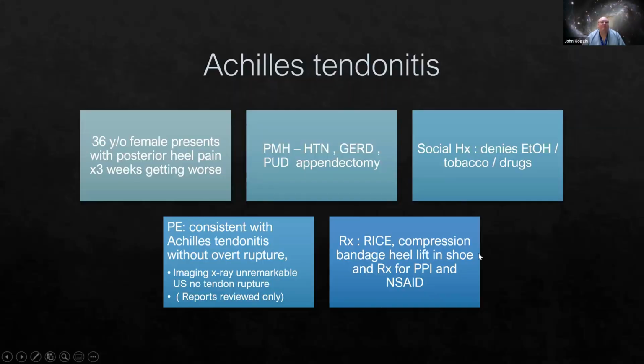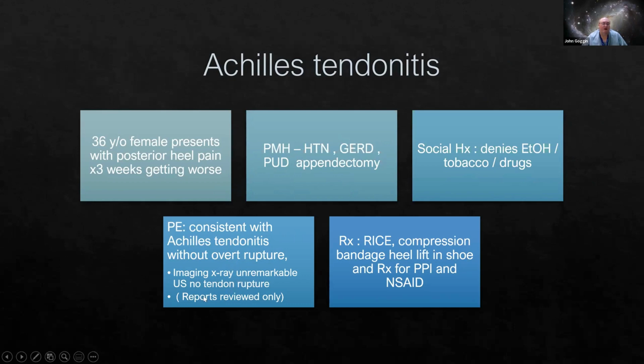So a couple of examples of how this all works. You had a 36-year-old female with some posterior heel pain. It's been getting worse for the last 3 weeks. Patient has a fairly uncomplicated history with some GERD and peptic ulcer disease, history of an appendectomy. No social history to speak of. Everything's consistent with an Achilles tendonitis without evidence of a rupture.